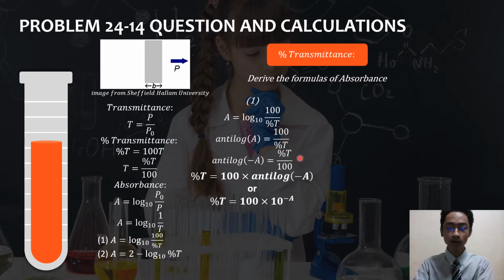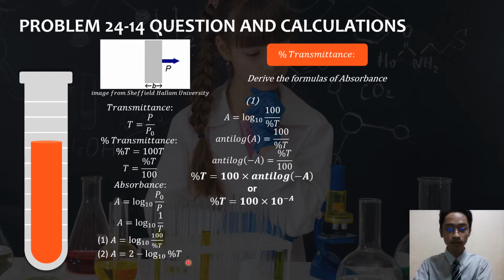From here, percent T is equal to 100 times anti-log of negative A, or percent T is equal to 100 times 10 raised to negative A.